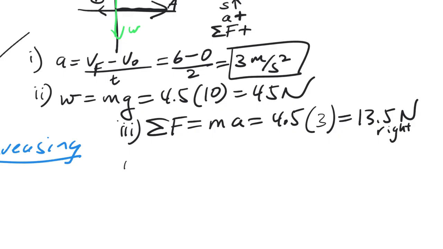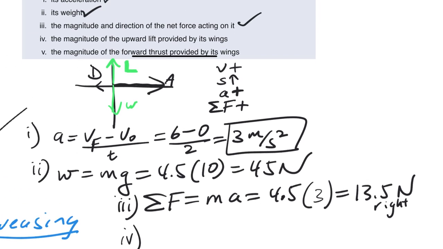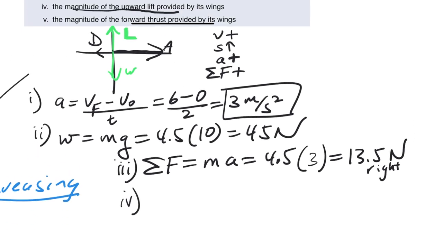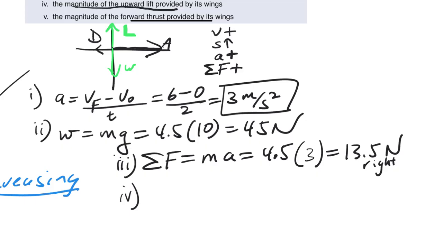Okay, part 4. The size of the upward lift provided by its wings. Well, if he's flying horizontally, these two vertical forces have to equal each other because he's neither increasing his height off the ground nor decreasing it.